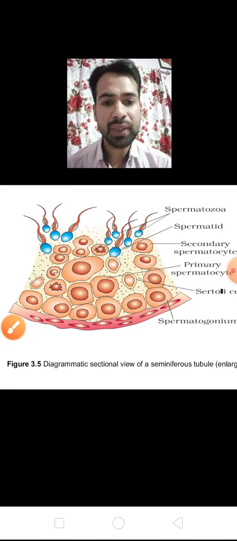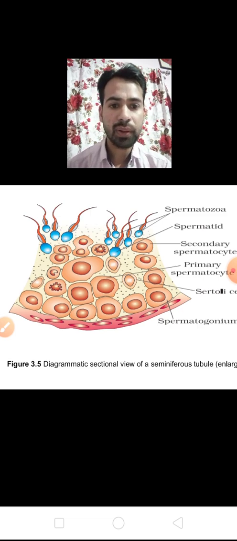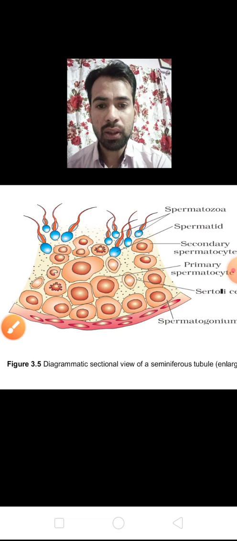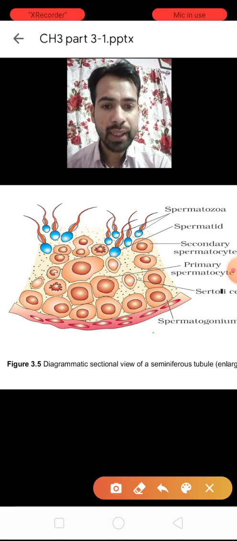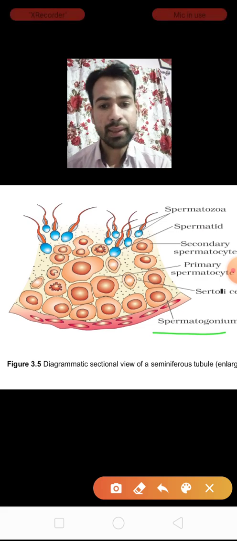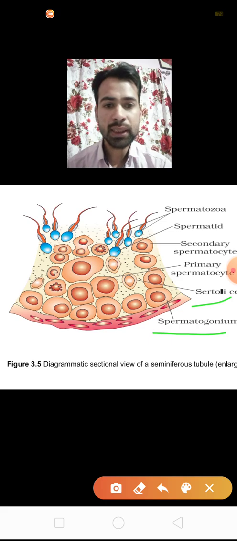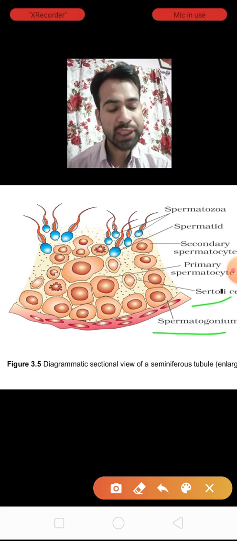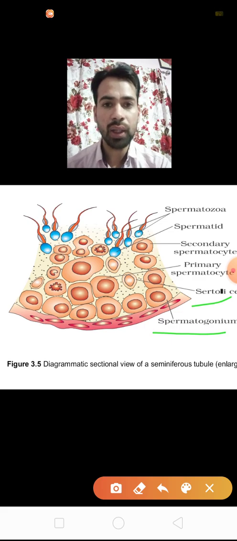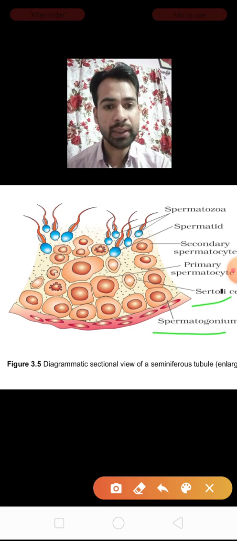Now in the picture of the seminiferous tubule, you can easily understand the process. First of all, you see that is spermatogonium, and the second cell of the seminiferous tubule is Sertoli cell. These two cells are there. So spermatogonium undergoes the various mitotic and meiotic divisions.